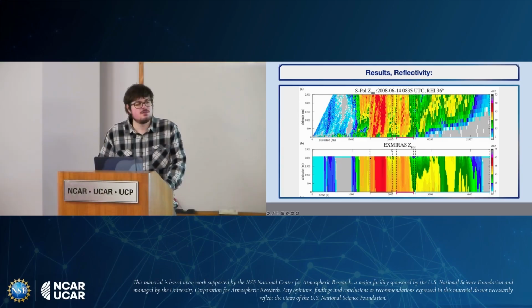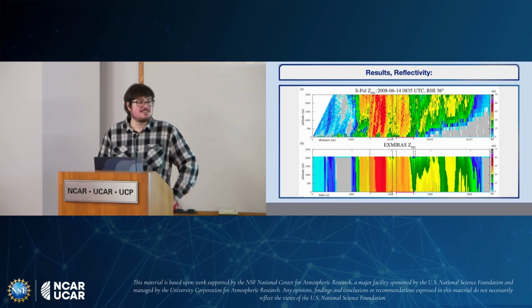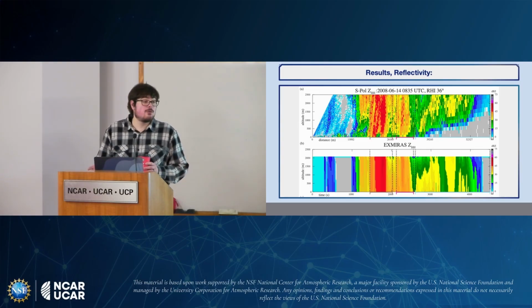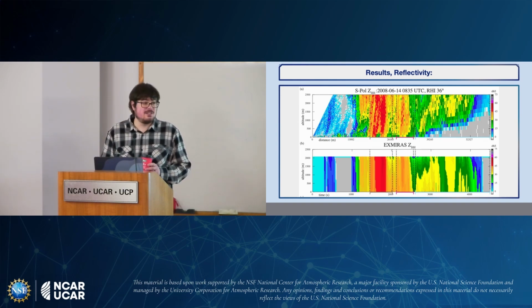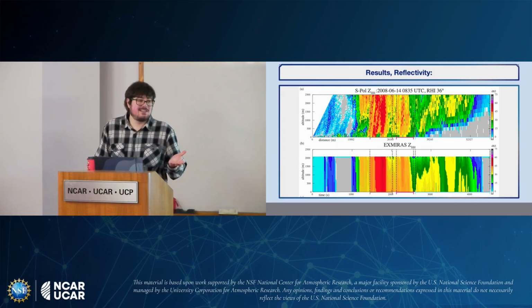I was just using 2,000 meters as a reference point across the board. We can go higher. It has to be below the melting layer, otherwise we have things that aren't being resolved in the microphysics happening. Ideally, it would be looking at something beneath the cloud layer entirely, so what's happening is just precipitation. 2,000 meters is not below the cloud layer, but it seemed like a happy medium.